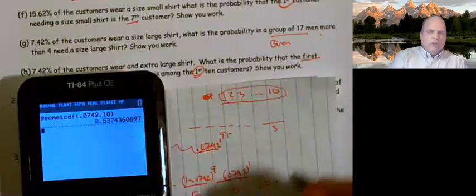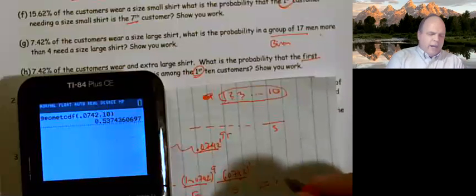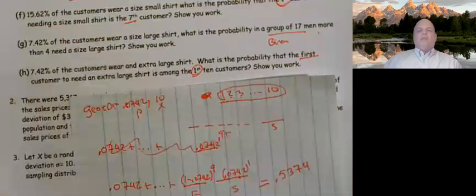And the probability that the first person who wears a size large shirt is among the first 10 customers is about 53%.